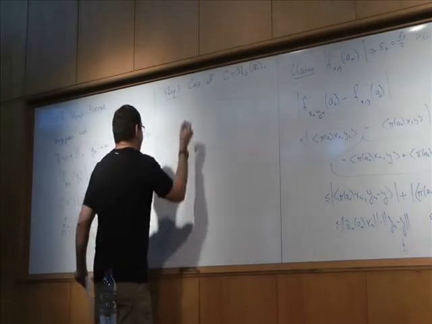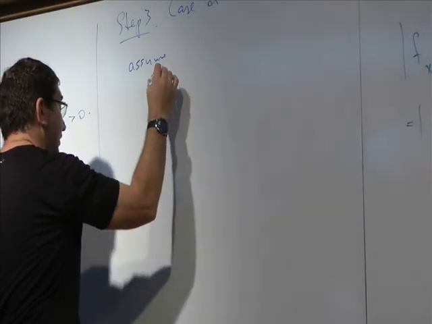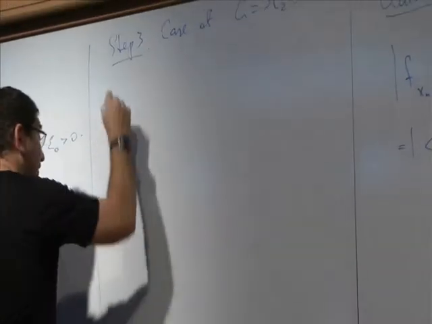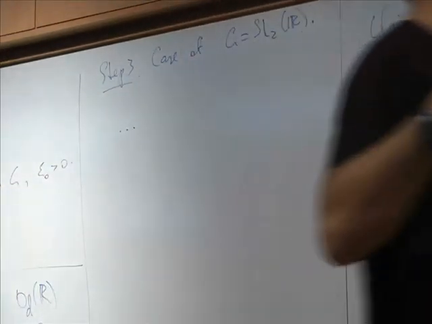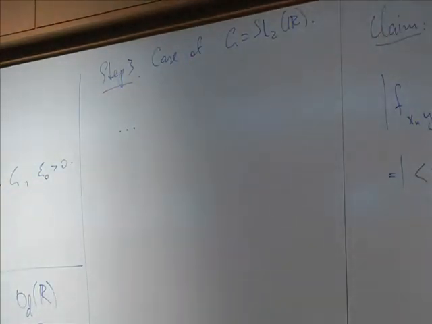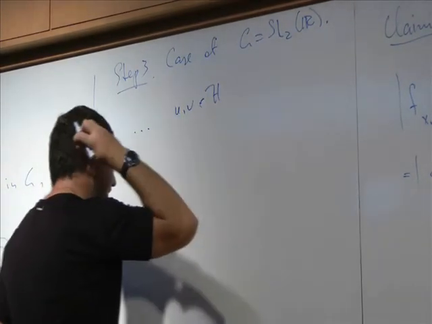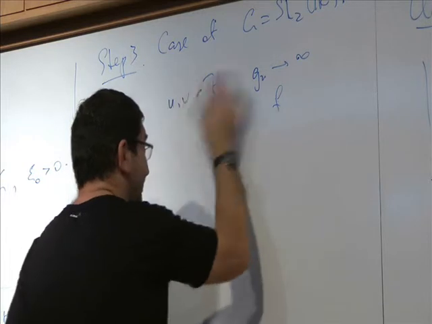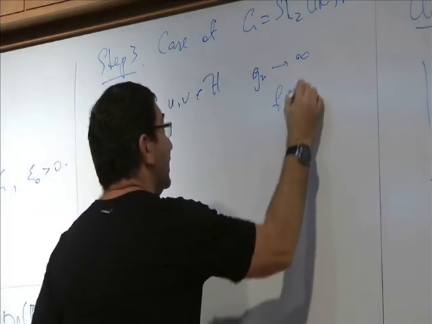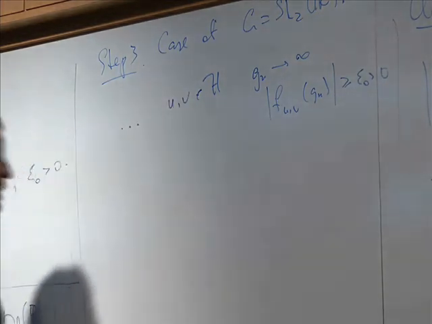So assume we had the representation of this G on some Hilbert space. We assume it does not mix as it should. So it has a pair of vectors u, v in the Hilbert space and some sequence Gn going to infinity, such that matrix coefficients for that representation of SL2 along Gn are not going to 0.